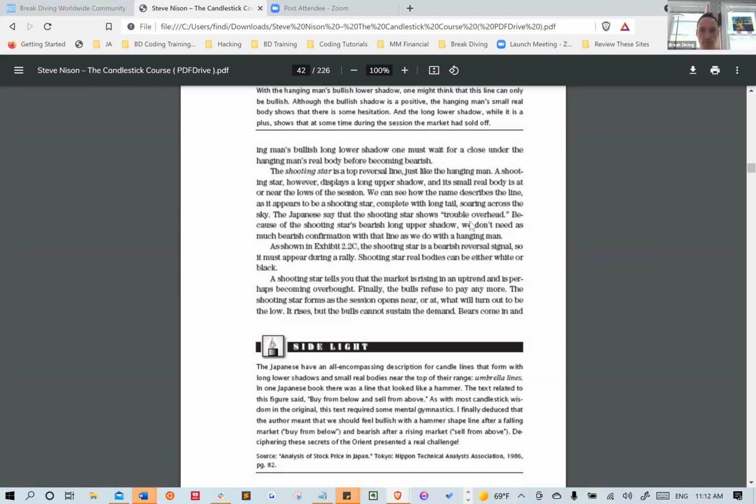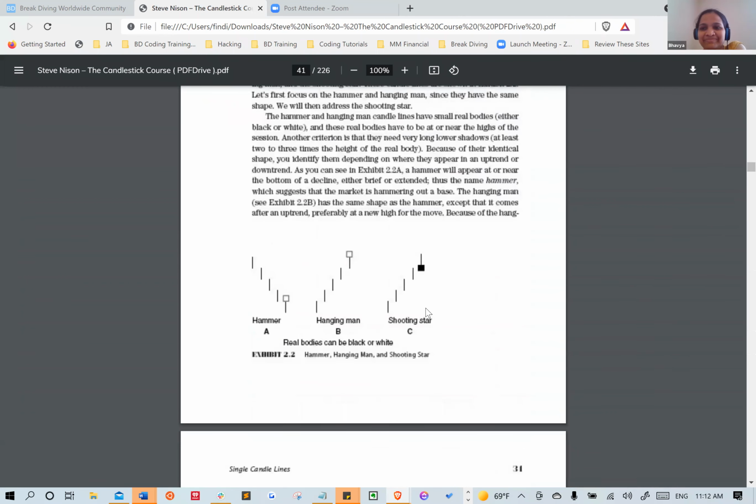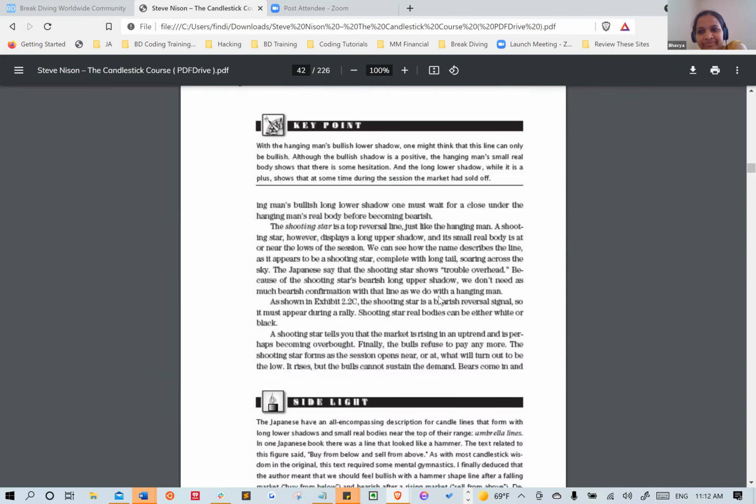That's trouble overhead. Because of the long bearish upper shadow, we don't need as much bearish confirmation with that line as we do with a hanging man. You may get a shooting star after a hanging man, and that would confirm. But if you just get the shooting star by itself, that alone is a good signal.